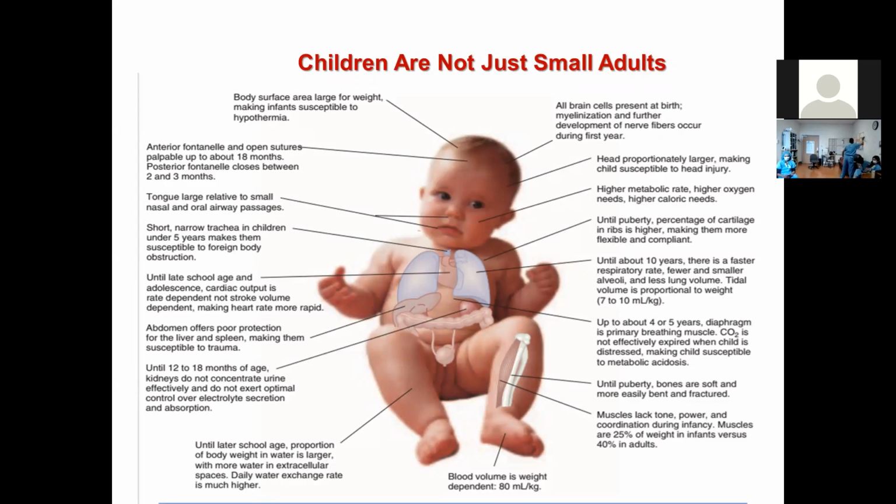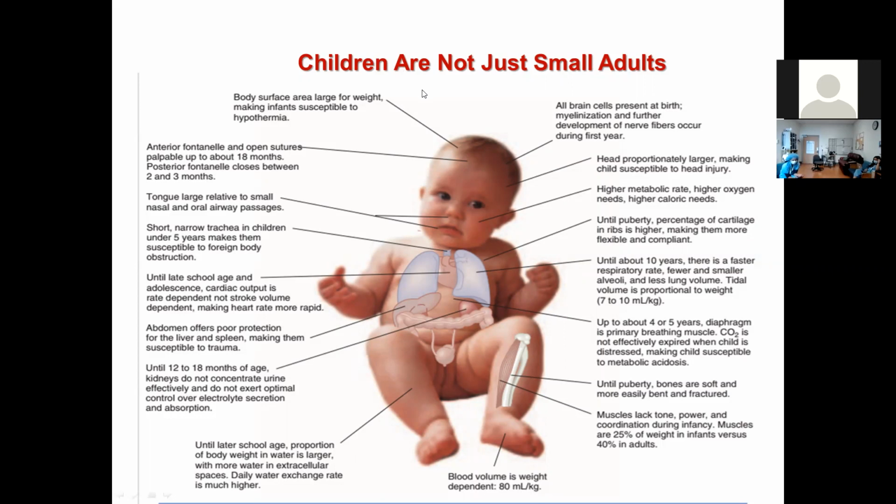So the next slide summarizes the key differences of pediatric anatomy and physiology, which explains why kids are susceptible to certain conditions, why they're unable to compensate to the same extent that adults are able to, and why they would be predisposed to certain conditions.